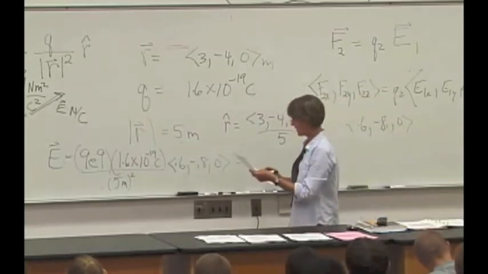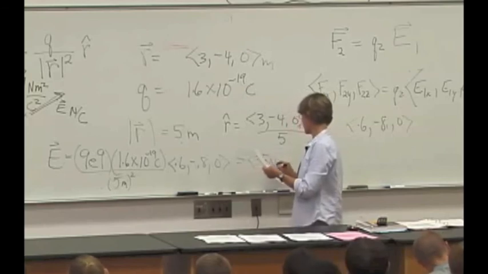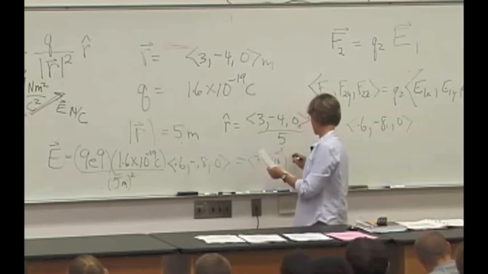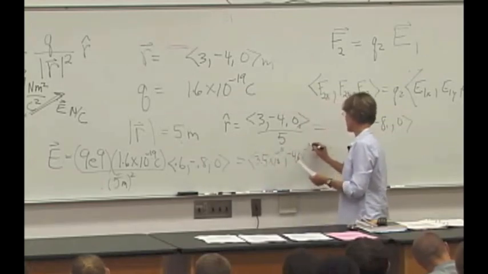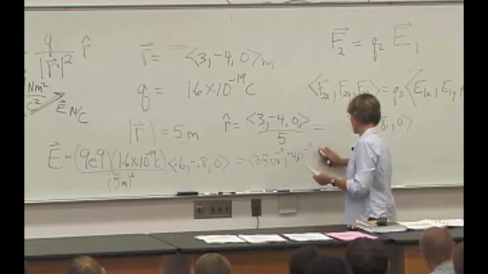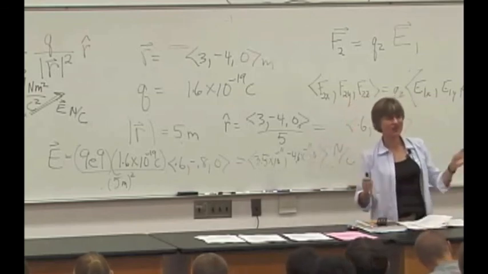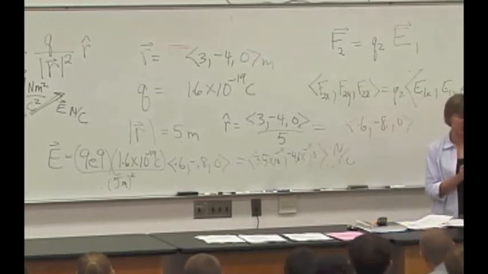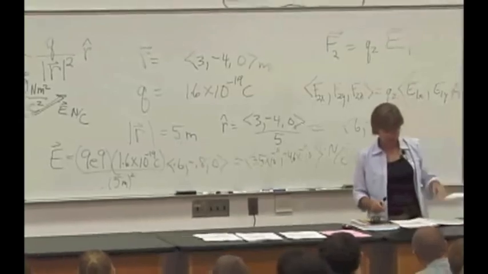And what I actually get is 3.5 times 10 to the minus 11, -4.6 times 10 to the minus 11, 0 newtons per coulomb. So it is kind of big, but you just chug through it. There's nothing magical about it. Okay? You'll probably have to do that for homework.